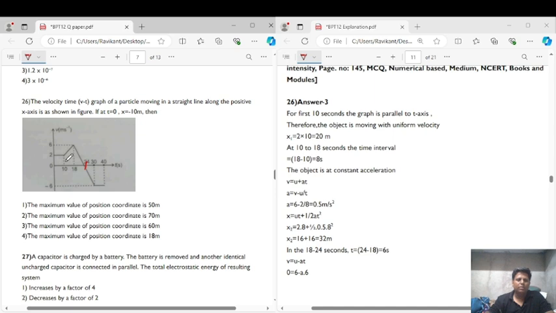So to calculate the displacement, we'll have to calculate the area under the curve of a velocity time graph. So we'll divide this total area into some parts. First part will be this triangle, second part will be this rectangle, the third part will be this triangle, and the fourth part will be this triangle, right?